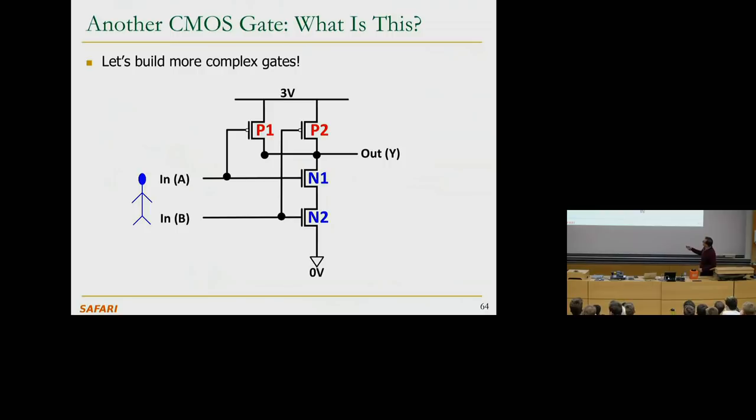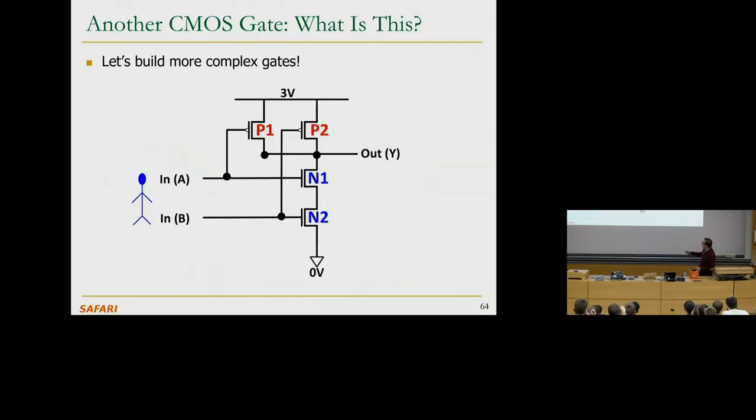If both inputs are zeros, let's start with that. What happens? Both P1 and P2 get turned on, and these get turned off, so you get 3 volts, right? So you get a 1 at the end. If any of the inputs are zeros, let me generalize it: either P1 or P2 turns on, and 3 volts get connected to the output.